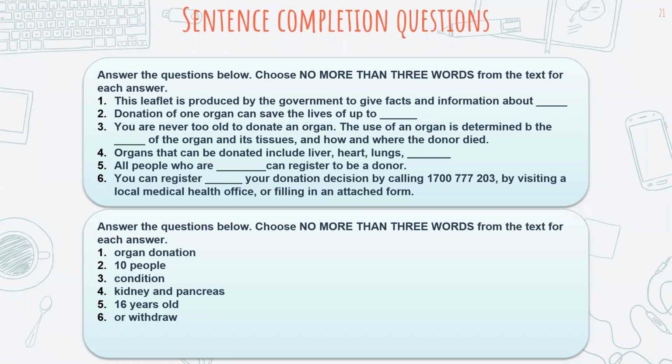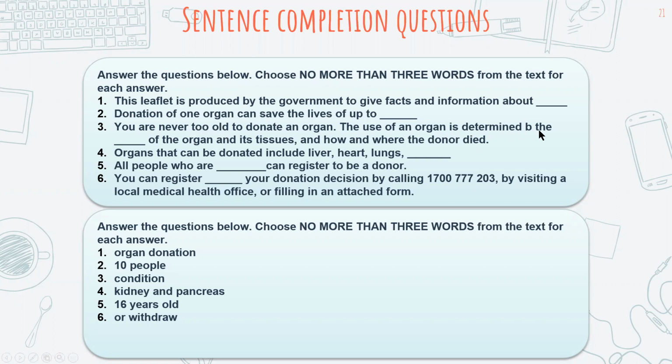Let's move on to the third one. You're never too old to donate an organ. The use of an organ is determined by the something of the organ and its tissues and how and where the donor died. Okay, so we have here never too old. This could be a key expression.